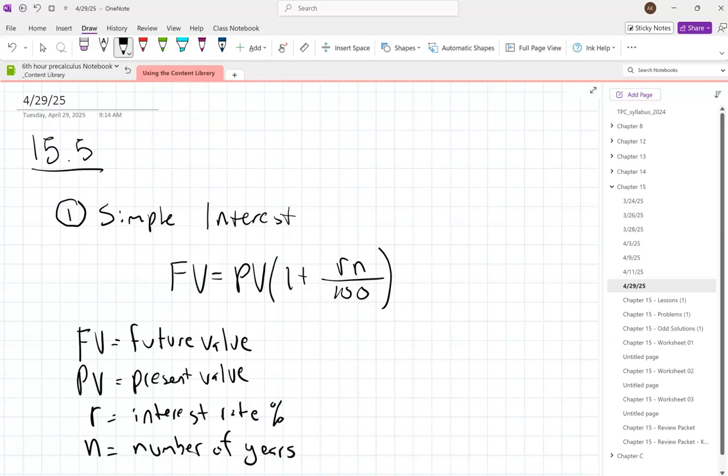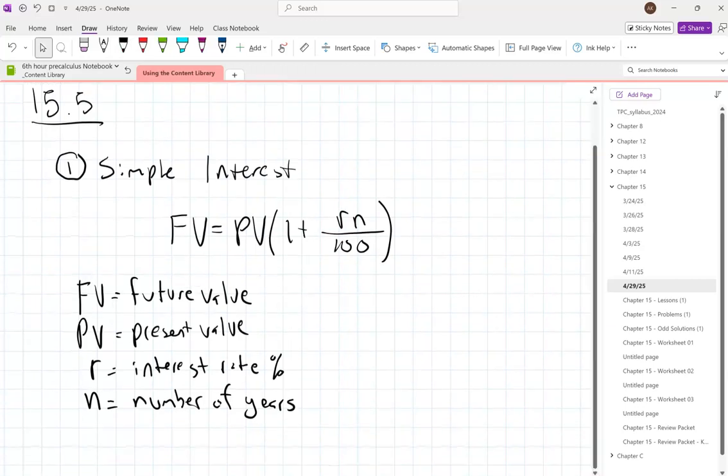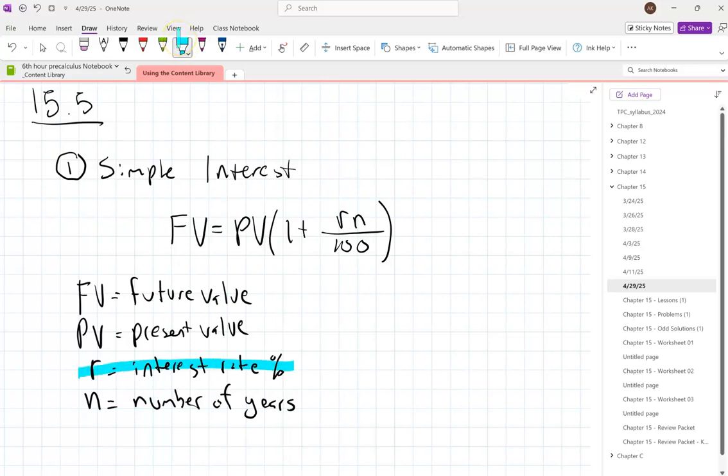So our simple interest formula: FV is equal to PV times the quantity 1 plus Rn over 100. FV is the future value, PV is present value, R is your interest rate as a percentage, and N is the number of years. If you wanted to convert that interest rate to a decimal, you just leave off the divide by 100 in the formula.